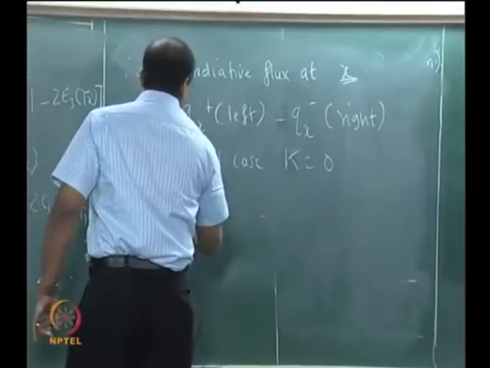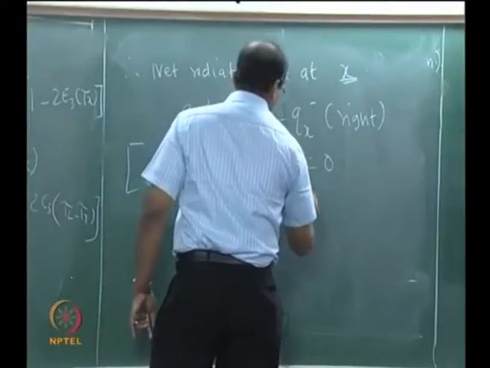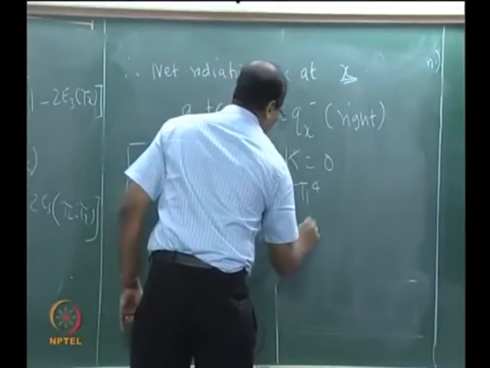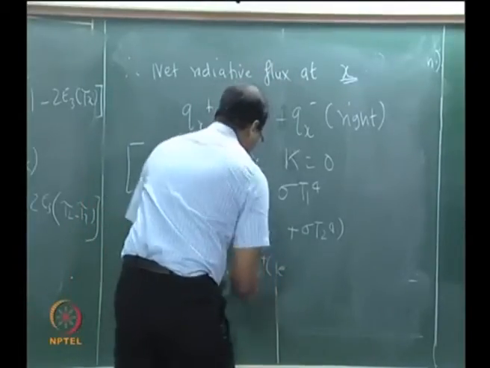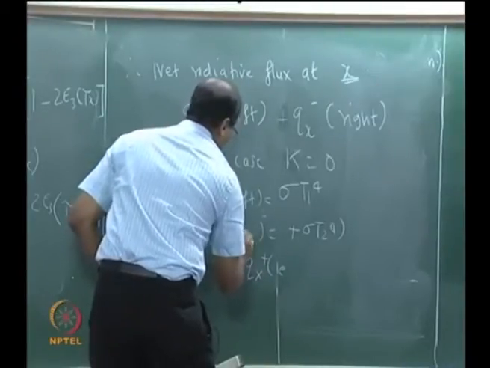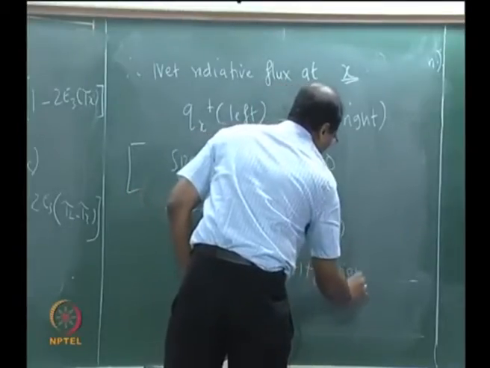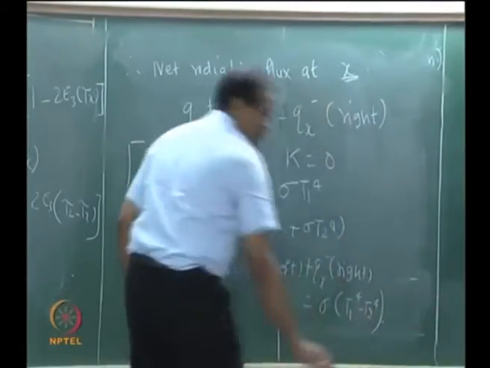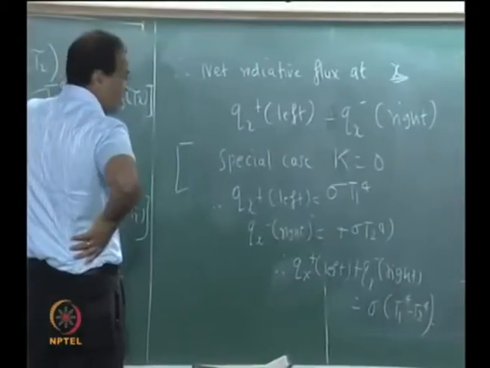Therefore, because the second term, this E3 is half, half into half, this term gets knocked off.